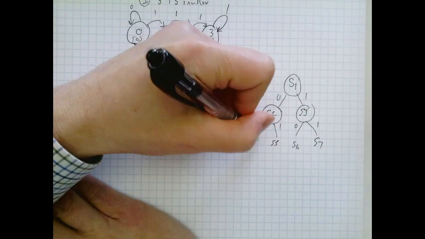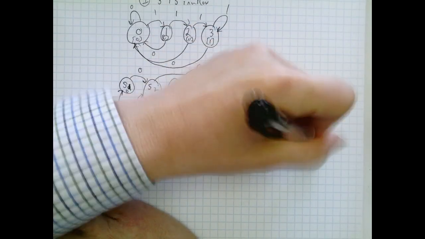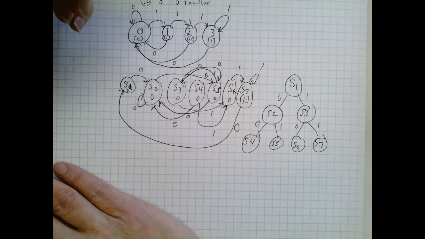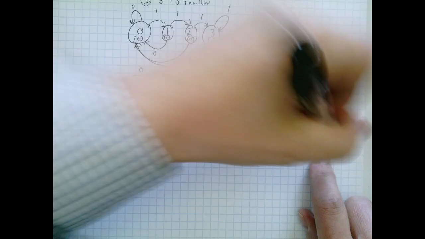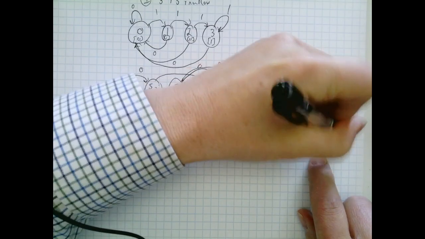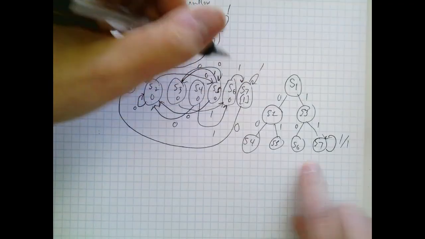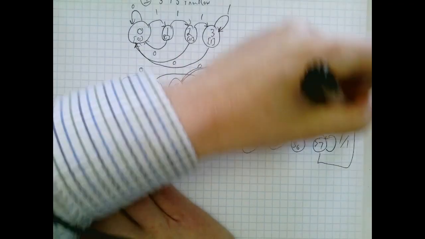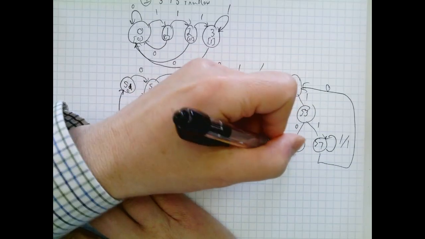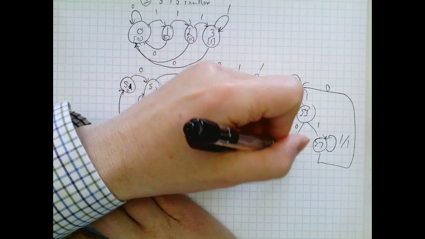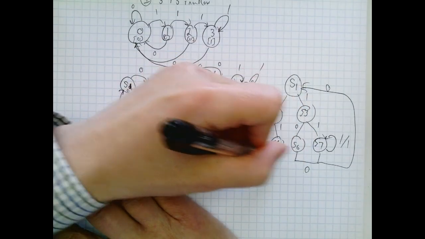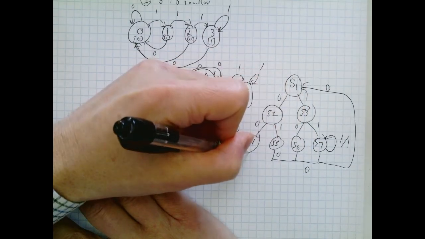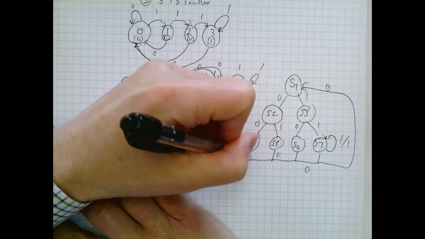And then, if you get a 1 in S7, you output a 1 and you stay in S7. If you get a 0, you go back. And if you get a 0 from S6, you go back. Get a 0 from S5, you go back. Get a 0 from S4, you can go back.